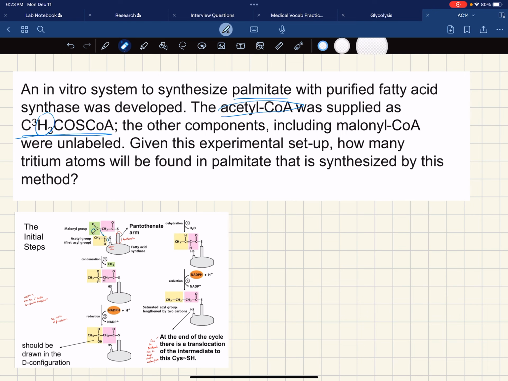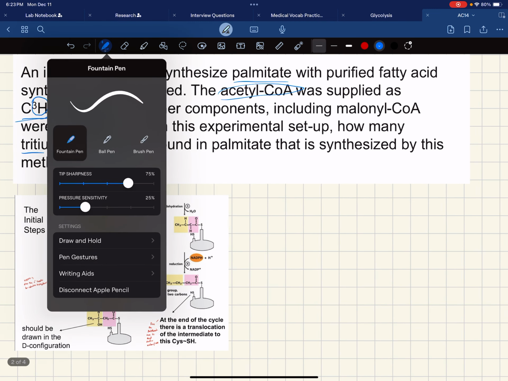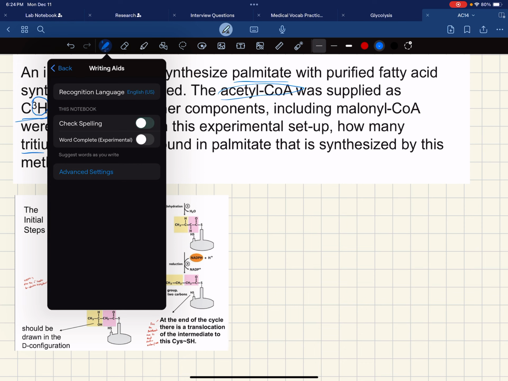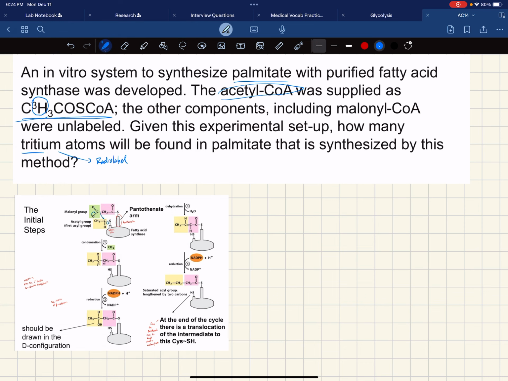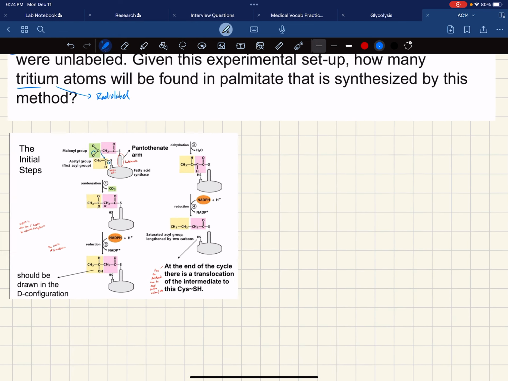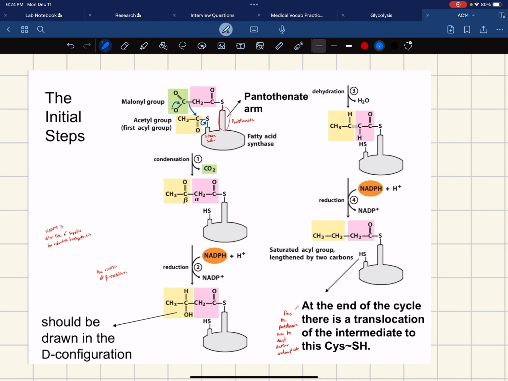I circled it a little bit weird here, but the three belongs to that hydrogen. Tritium is essentially radio labeled hydrogen, so you can just think of this as a radio label. We're looking for where that's going to show up in the palmitate that we make. I've included the little diagram he's provided in the slides of fatty acid synthase.